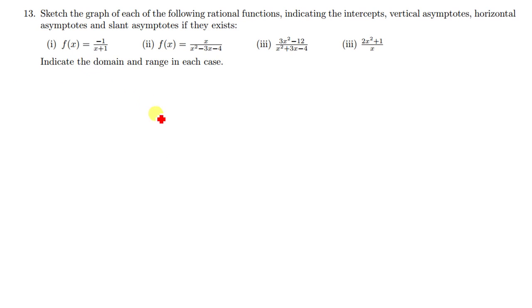Let's begin. We first find the vertical asymptote. For the vertical asymptote, you equate the denominator to 0.